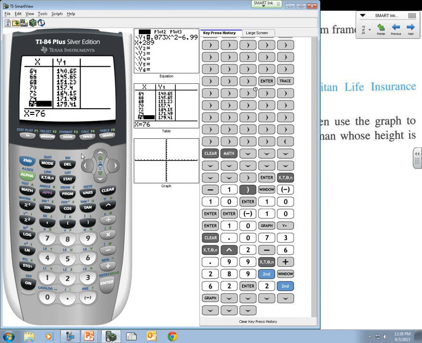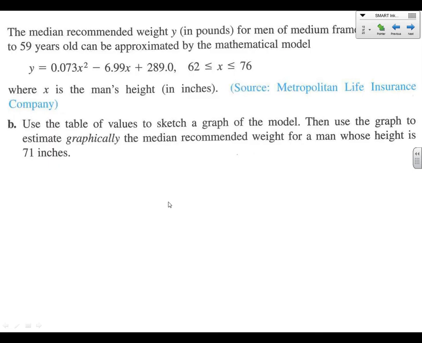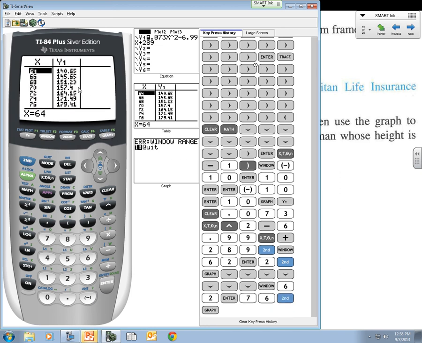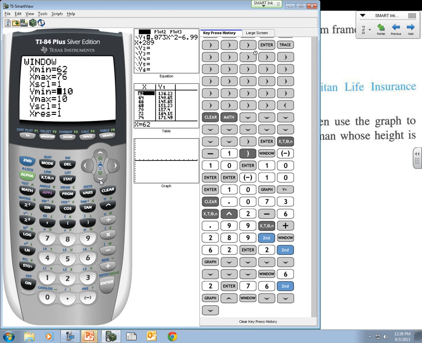Or we could go straight to our graph. But here in our window, we want to make sure our x's are appropriate, so 62 to 76. From our table, we knew that 62 had a value of 136, so let's make sure our smallest y value is a little bit less than that, 130.